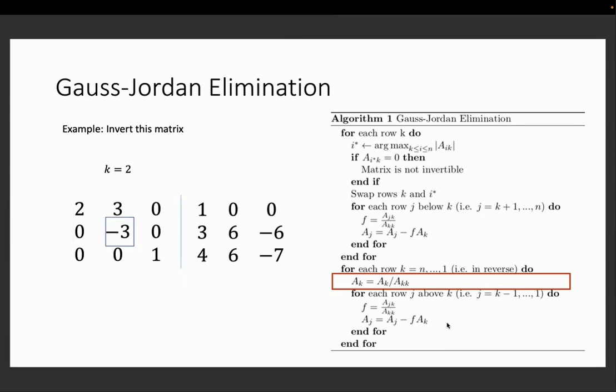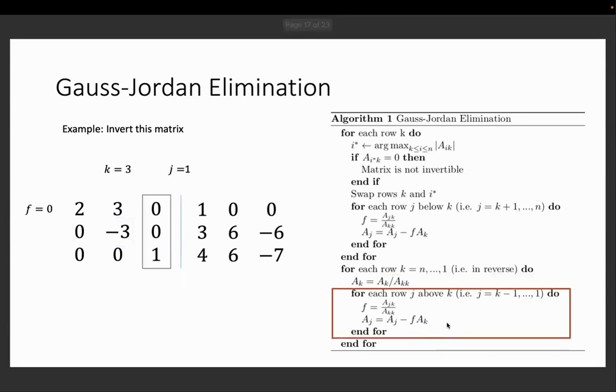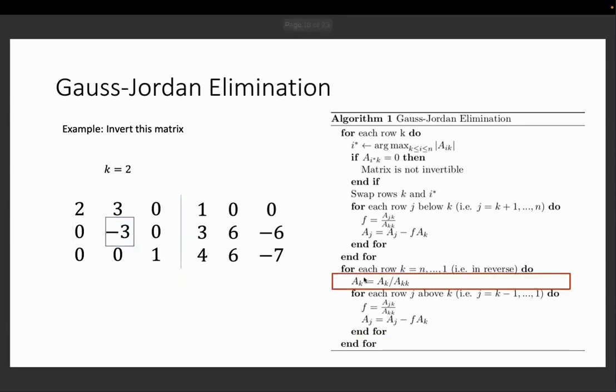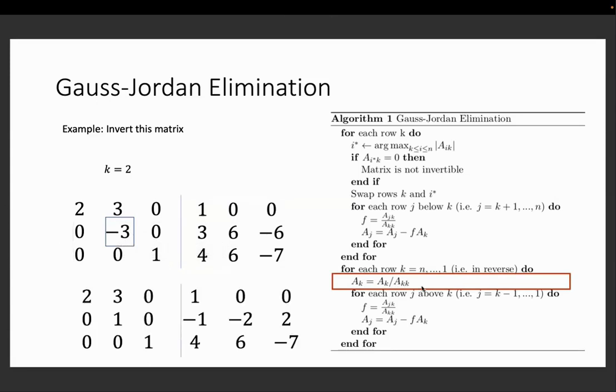So for k = 2, now we go to k = 2, and then we make sure that this element changes to 1. So we just need to divide every element that we have here in a2 by a22. a22 is minus 3, so we divide all elements by minus 3.